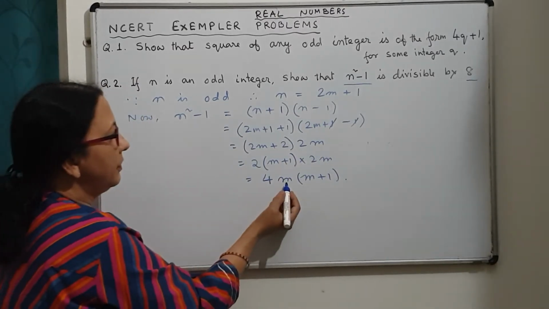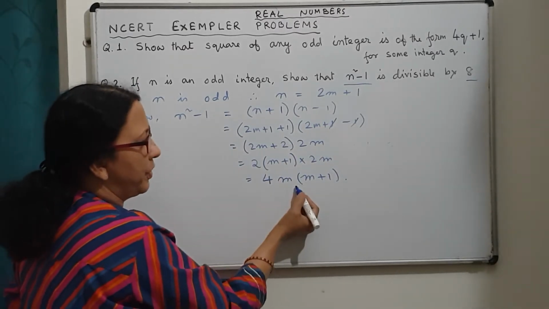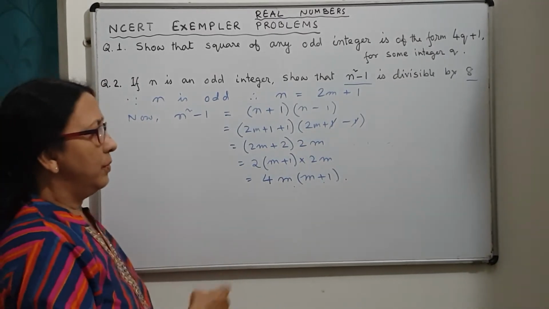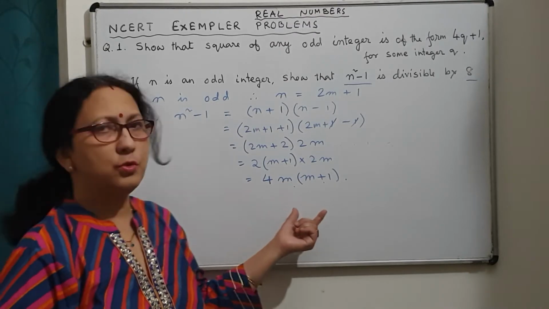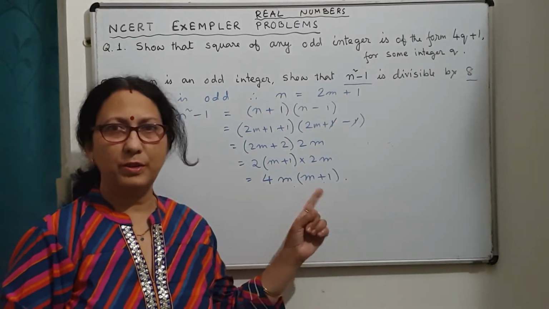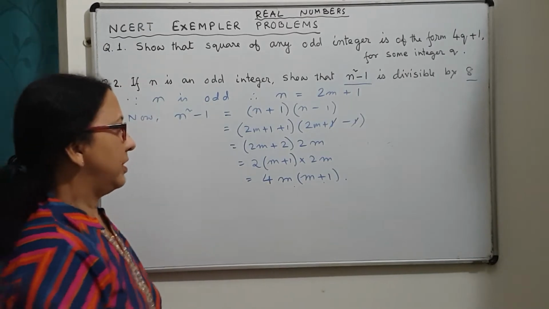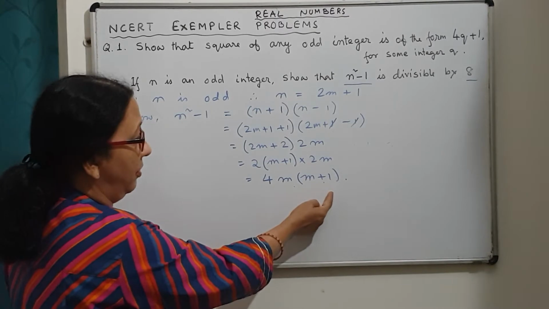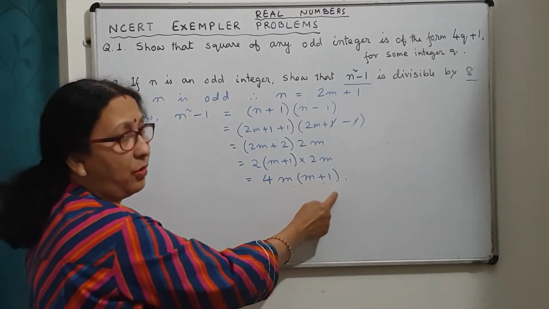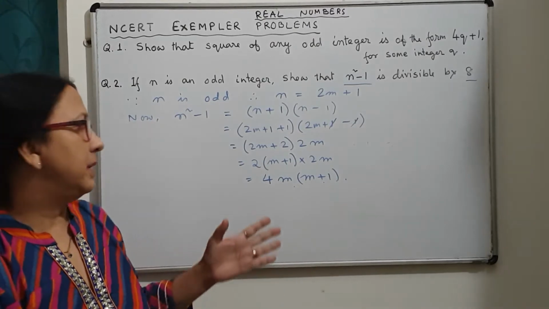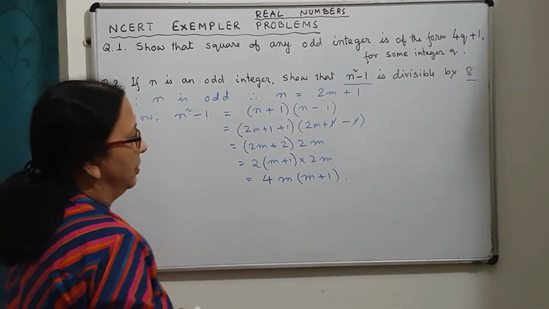Now m into (m plus 1) is the product of two consecutive integers, and you know in any two consecutive integers, if one is odd, the other will be even. If m is odd, then m plus 1 will be even, or if m is even, m plus 1 will be odd. That means among the two, one will surely be an even integer.